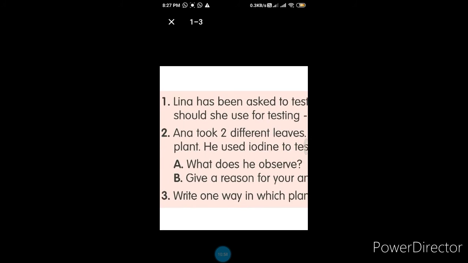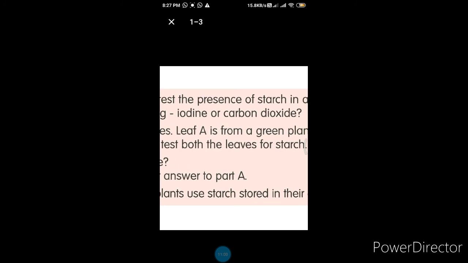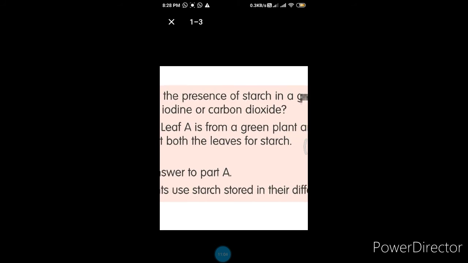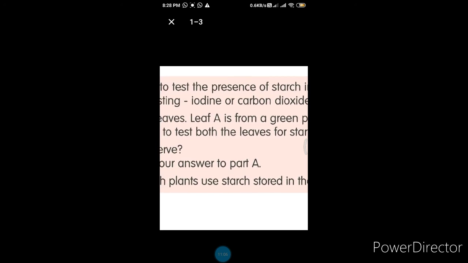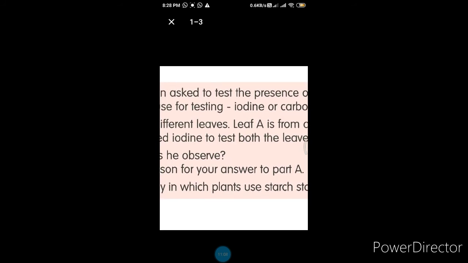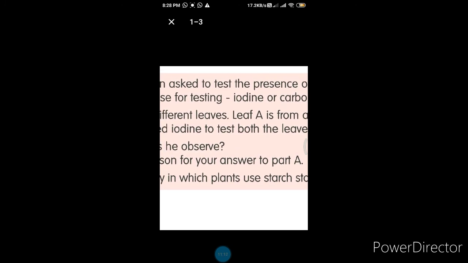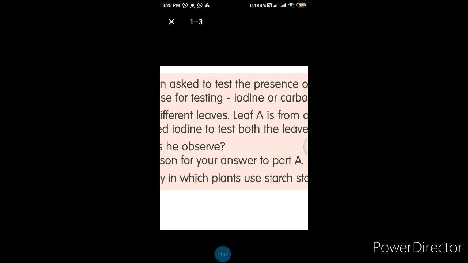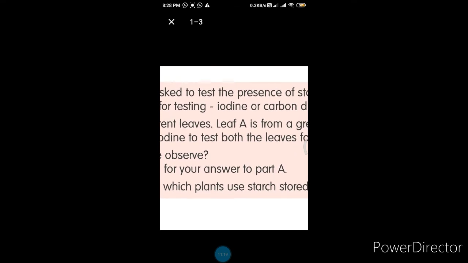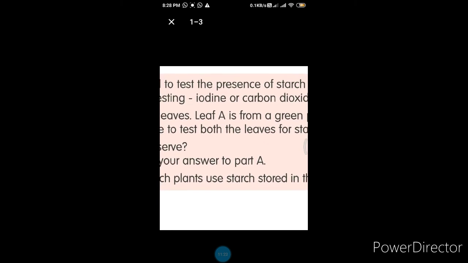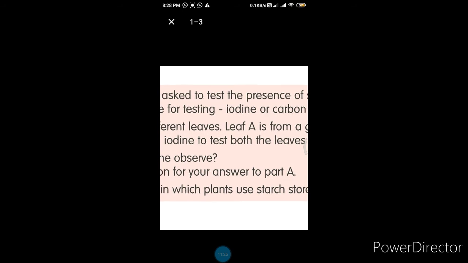Should she use iodine or carbon dioxide for testing? Lena's teacher asked her to test whether starch is present or not. So which chemical does she need to use? Is it iodine or carbon dioxide? Yes, obviously it is iodine.